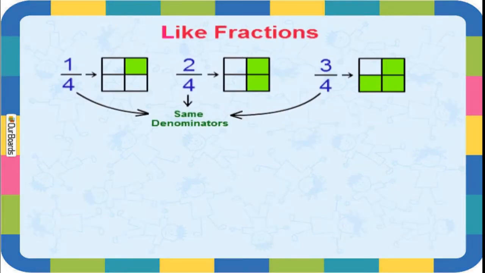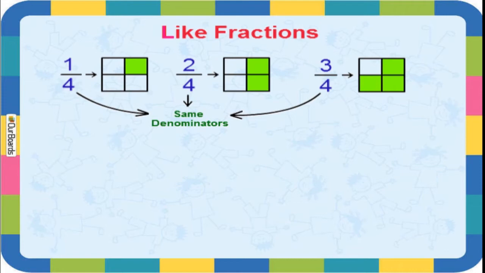Now, we will take a quick recap of the last lecture. Yes, dear students, you can see here the like fractions. 1 upon 4, 2 upon 4 and 3 upon 4. Means here, one rectangle is divided into 4 equal parts. Okay? And in the first one, 1 part is colored.